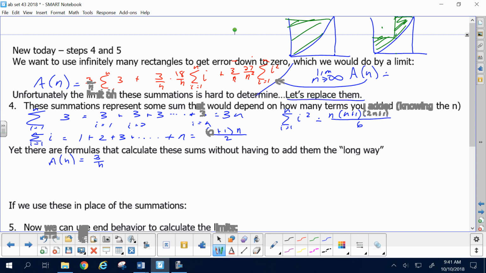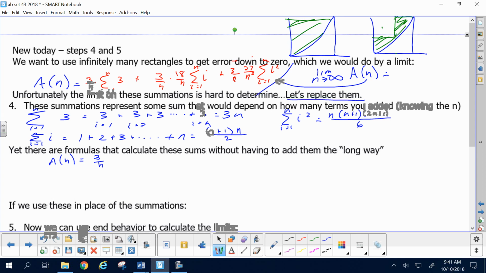All right? Now, that's great. That's a new formula for area based on any number of rectangles. And by writing it this way, we will now be able to take an infinite limit.